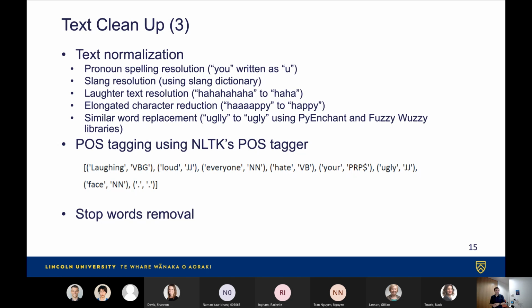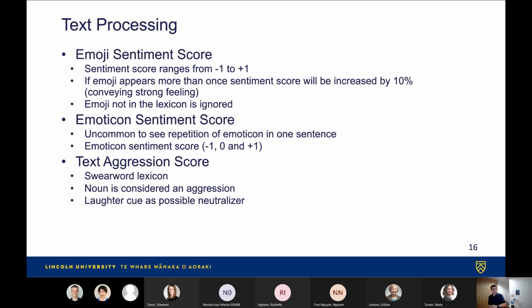And so that's our text normalization. And then we've got part-of-speech tagging, so identifying the different types of words, what they're doing in a sentence. So you can see all of those have been tagged there. And identifying punctuation and the end of sentences and things like that.